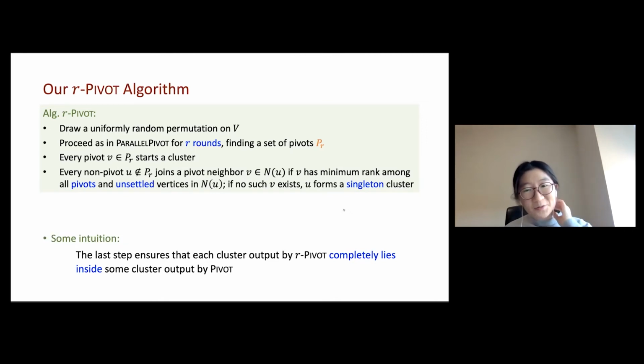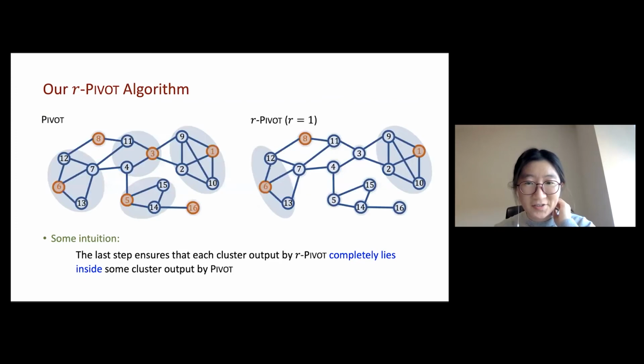The reason we want this last step is that it makes sure that each cluster output by R-pivot completely lies inside some cluster output by pivot. If we compare the output clusterings of both pivot and R-pivot for this input graph, we can see that indeed the output clustering of R-pivot is a refinement of that of pivot.